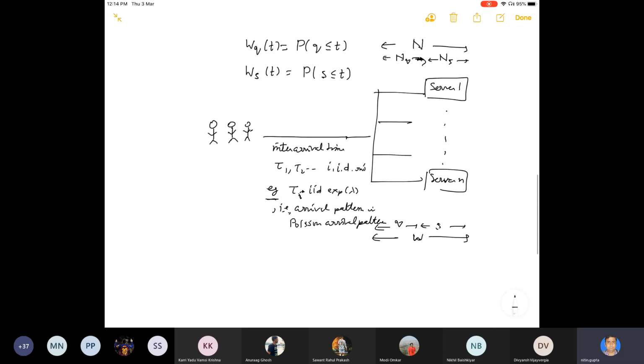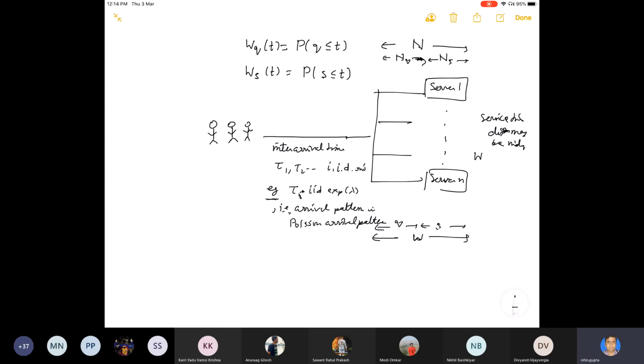So service time distribution may be independent exponential.